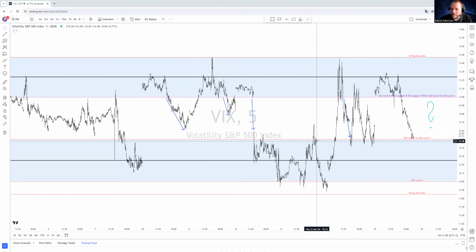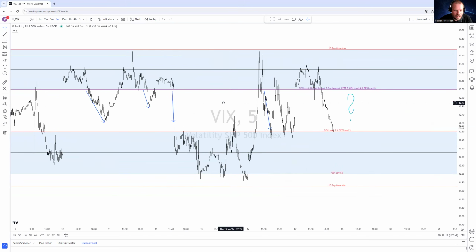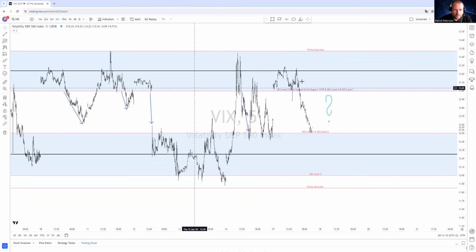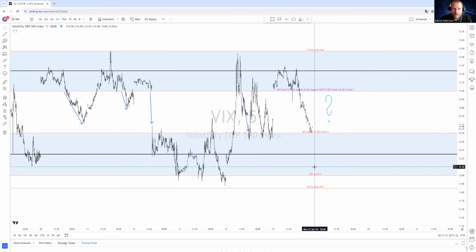And this is exactly my RSI indicator. So we have here our overbought signal, and here our oversold signal. And the best of all, I name it the RSI indicator based on the VIX, where we also have the gamma levels from MenthorQ, the Q levels.